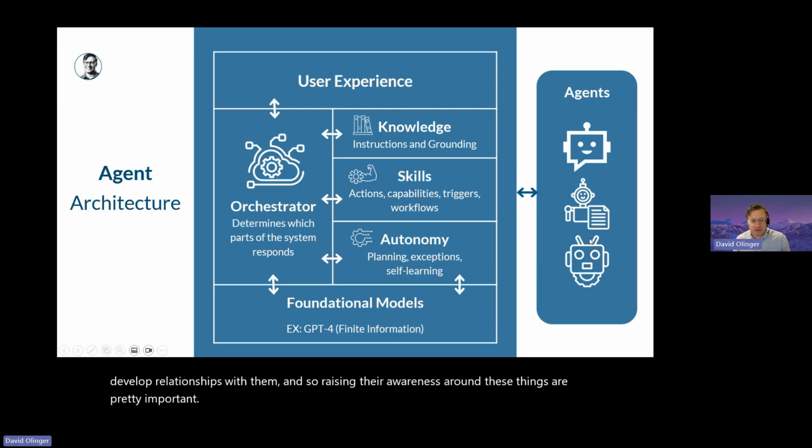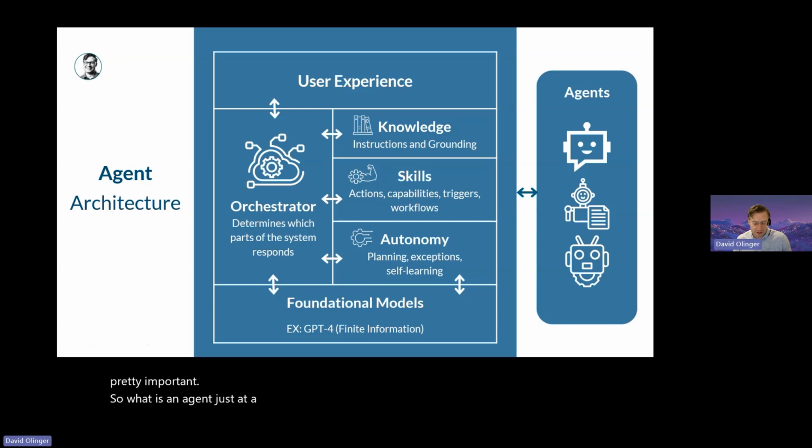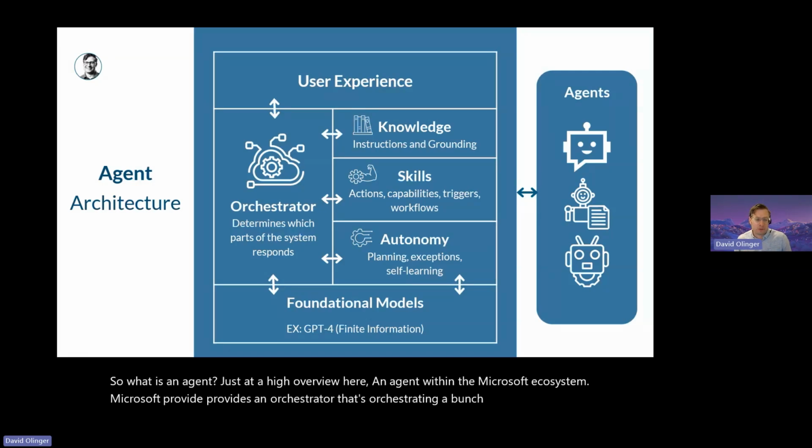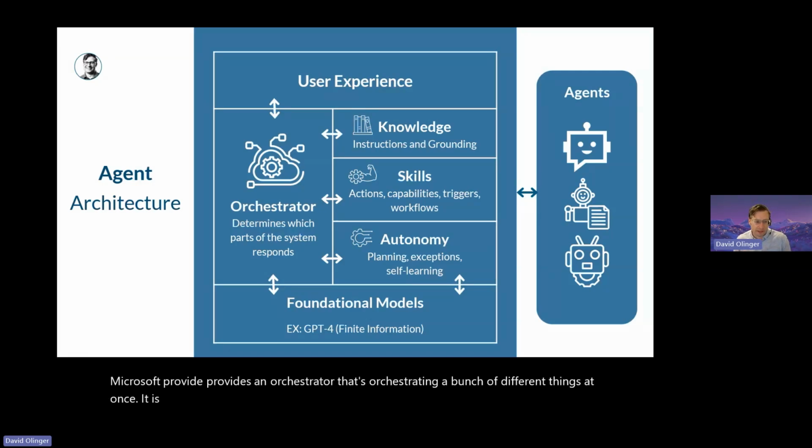So what is an agent? Just at a high overview, within the Microsoft ecosystem, Microsoft provides an orchestrator that's orchestrating a bunch of different things at once. It is orchestrating the knowledge base that you're pointing it to. It's orchestrating the prompt from the user experience that you've put into it.